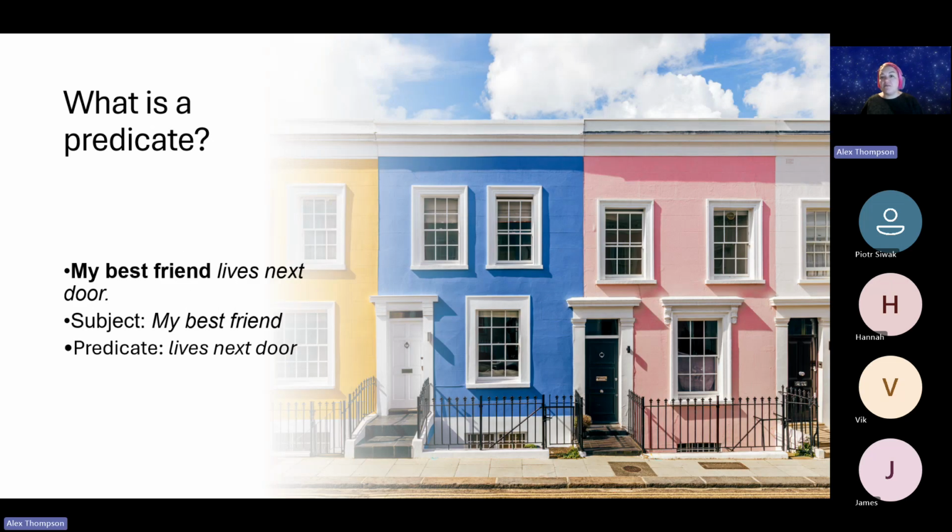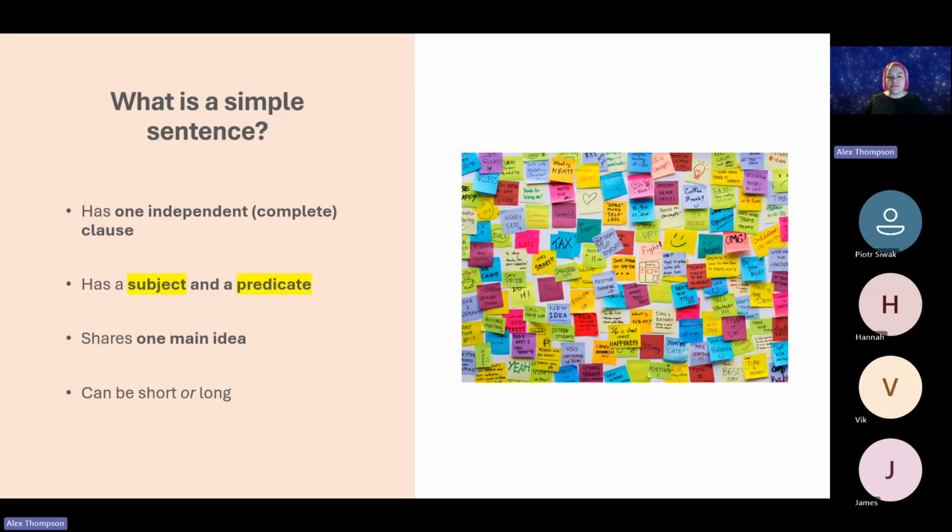We can give them a title. It doesn't have to be John did this, Janine did this. Usually the subject in a sentence is the person, the animal, the group of people that are doing the action itself, the predicate.